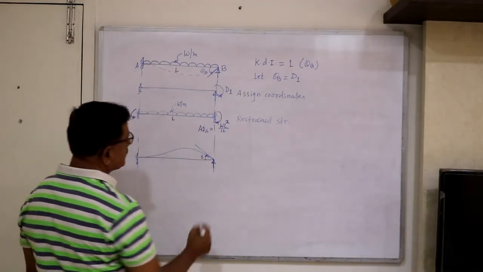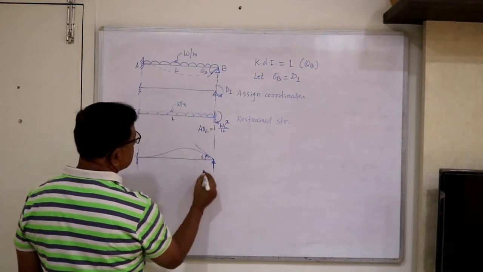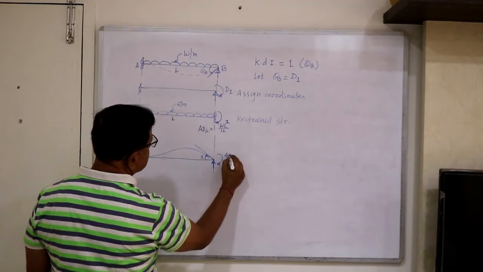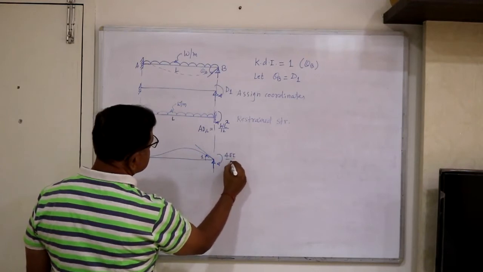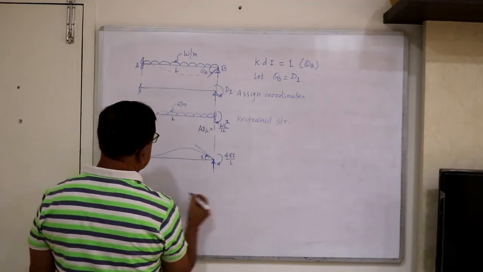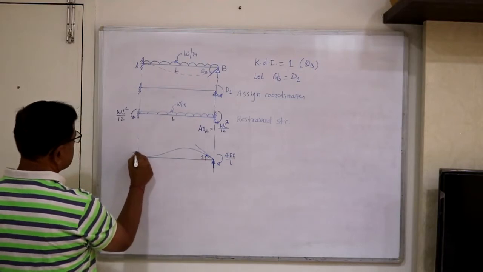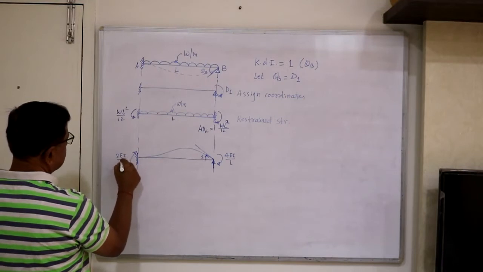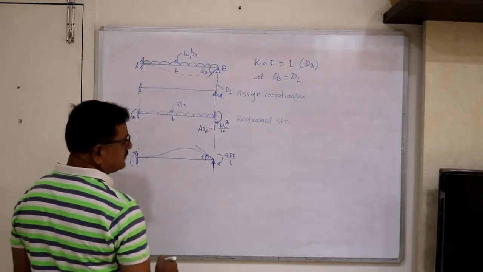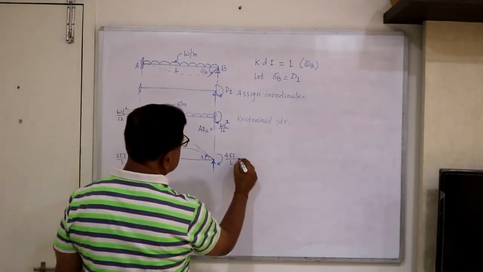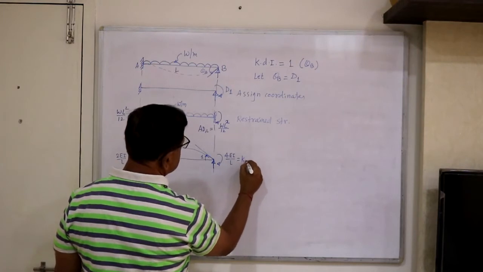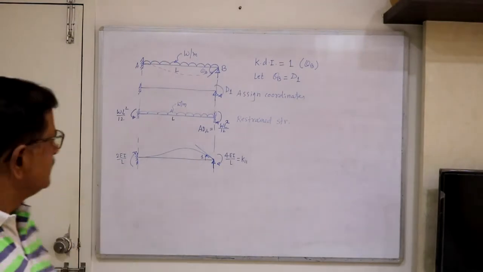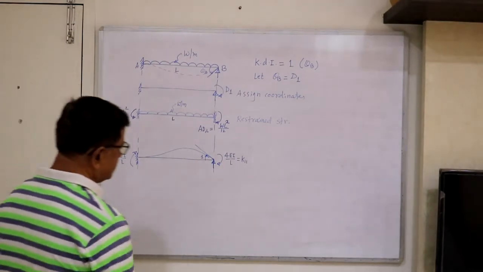When we give the unit rotation here, the fixed end moment developed here is 4EI/L, and at this end it is 2EI/L, half of that with the same sign. This is called the stiffness coefficient K11, in the direction of 1 due to 1. There is only one unknown, so this is sufficient.